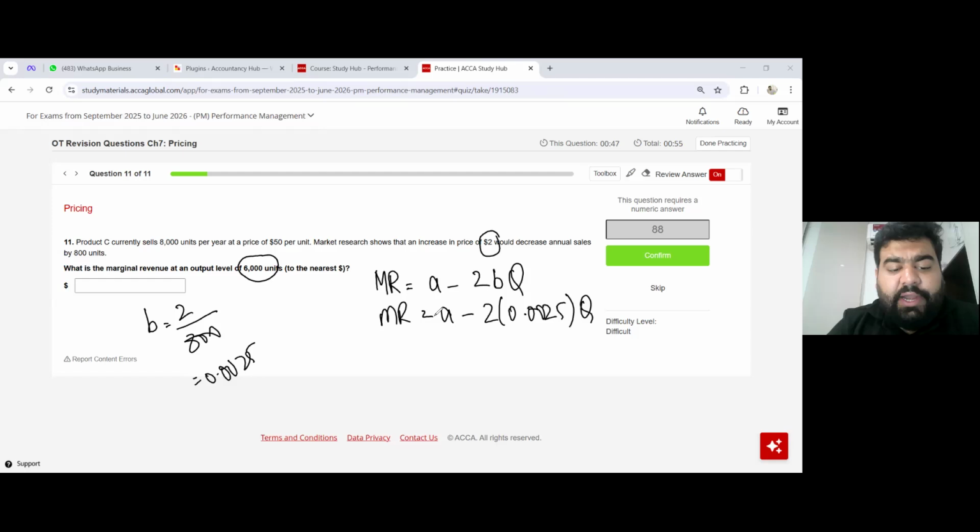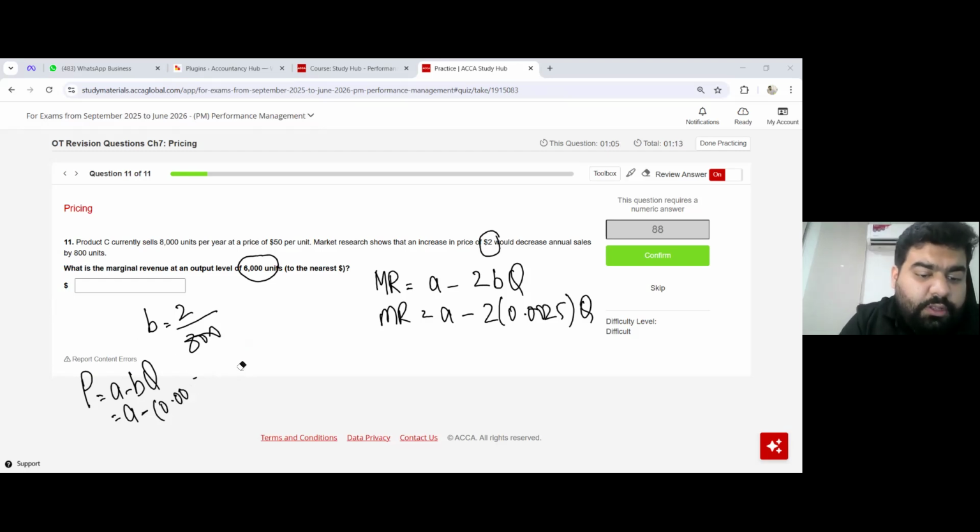Now we have to calculate A. How will we calculate A? We know that A can be calculated through this formula: P is equal to A minus BQ. B we have already calculated, 0.0025, and Q and P we are having.